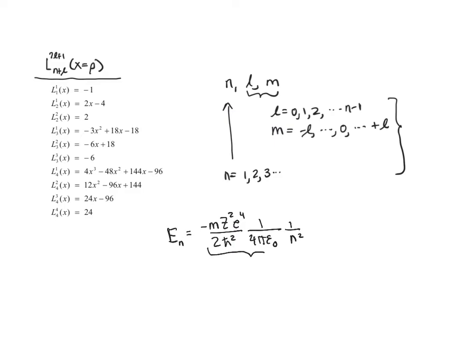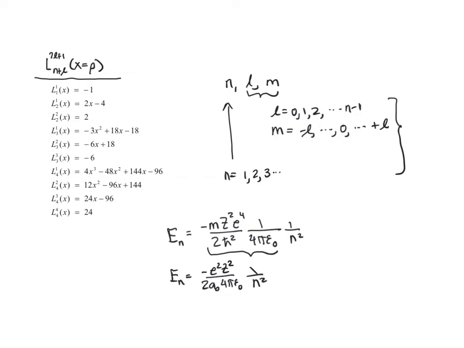And so all of these things are constants, and we can write this in terms of our definition of the Bohr radius, a naught. So if we do that, we have En equals minus e squared Z squared, atomic number squared, divided by 2 times the Bohr radius times 4 pi epsilon naught, over n squared.